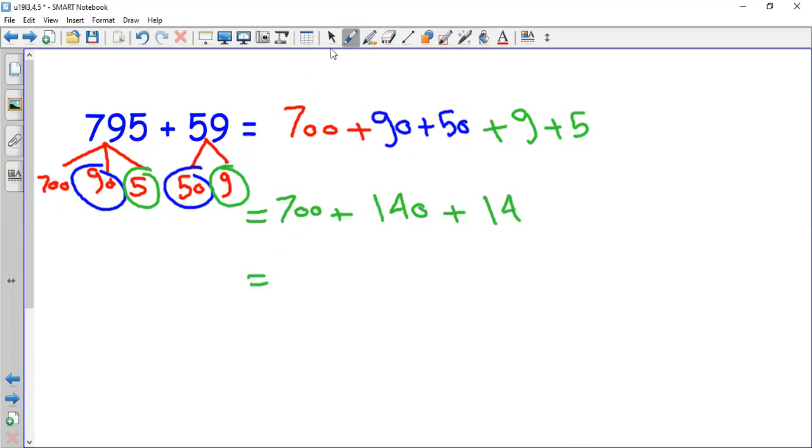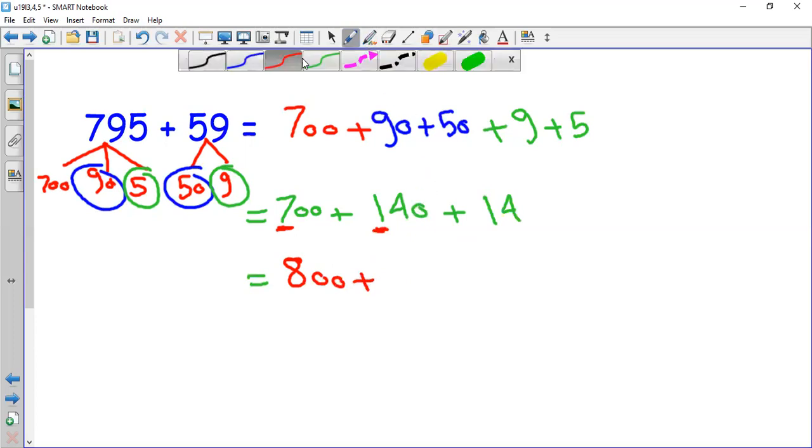I should write these totals in a different way to make it easy for us to find the total. I still have 700 and I have here 100. So this 700 with this 100 will be 800. Let's go to the tens. I have here 40 and here I have 10.